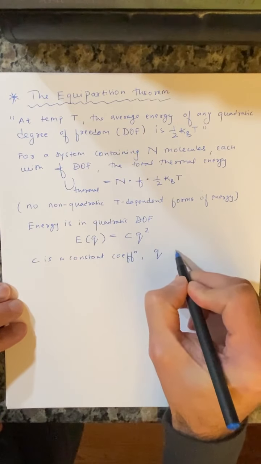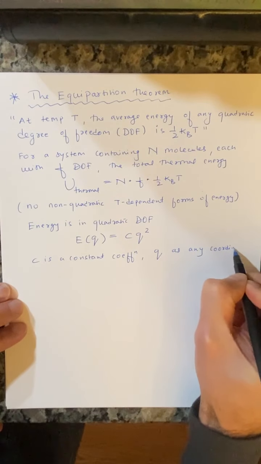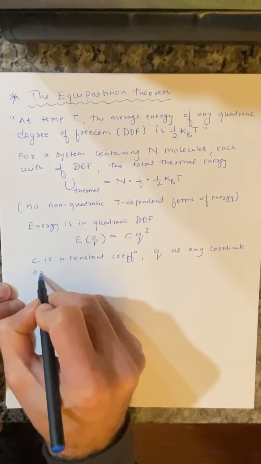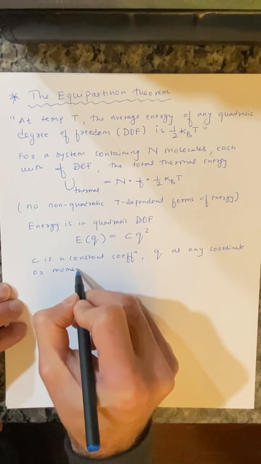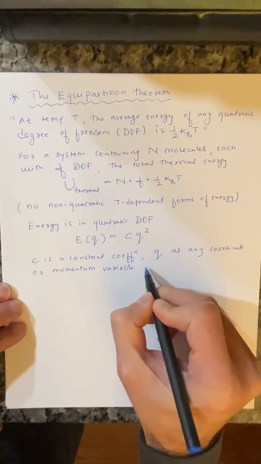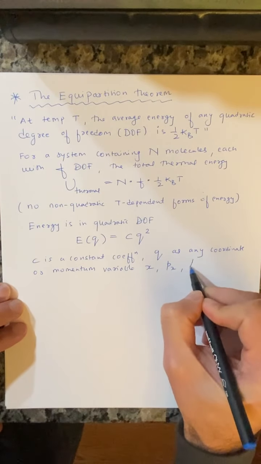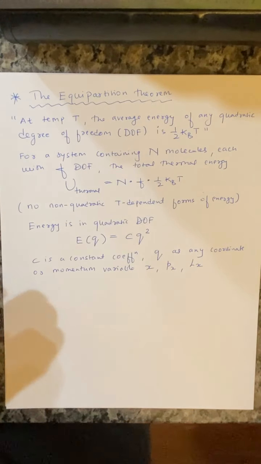And think of Q as any coordinate or momentum variable, variables such as x or px, let's say momentum, or even angular momentum, right?